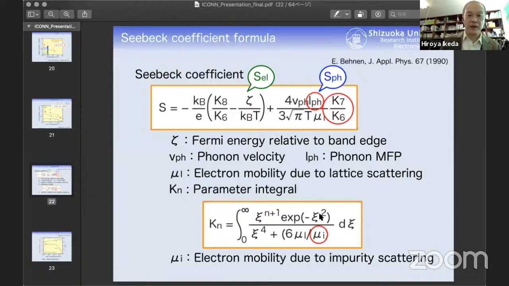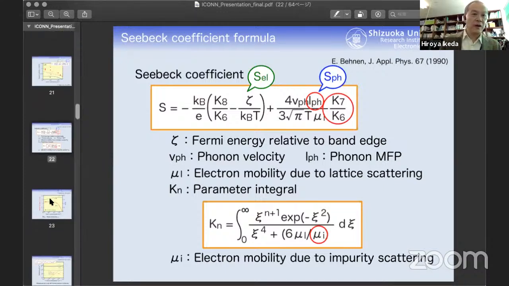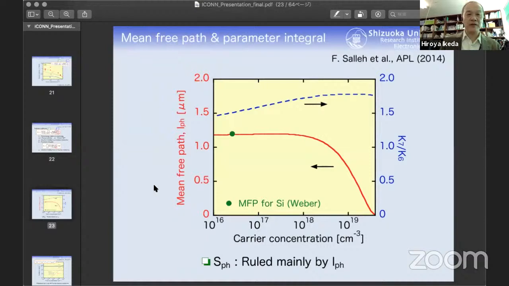This is defined by this equation and includes mu_I, the electron mobility due to impurity scattering. So these parameters depend on the carrier concentration or impurity concentration. So we calculate these values as a function of carrier concentration.